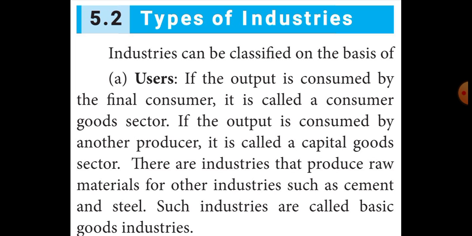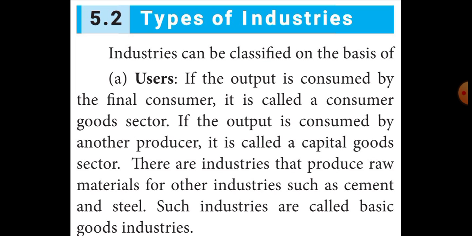Users: when consumers buy a particular company's products, that is called the consumer goods sector. When one industry's product is bought by another producer, that means another industry, it is called the capital goods sector. And also some industries produce raw materials for other industries.